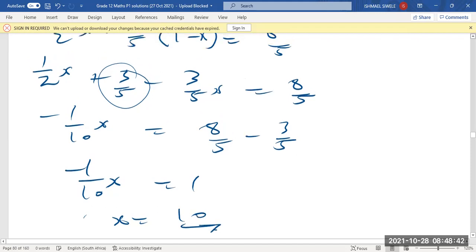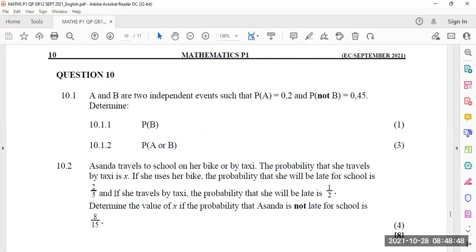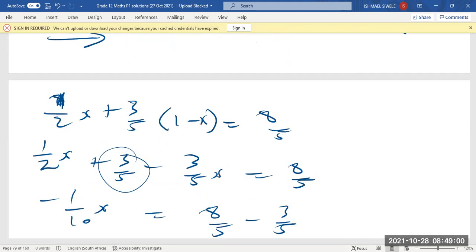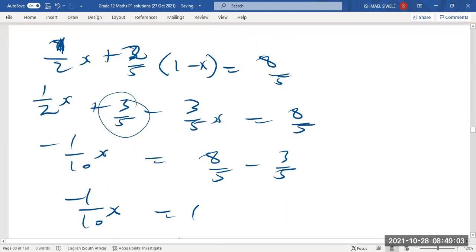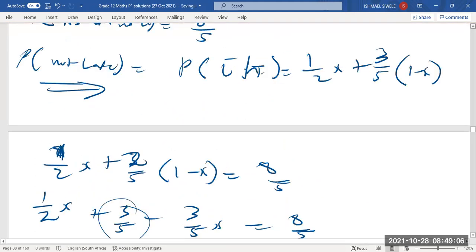So let's go back to the statement. Maybe there's something that we missed out, or maybe there's somewhere we made a mistake. Let's check. 2/5, and there's something where I have 3/5. I'm not sure where I got that 3/5. Let me check. I think this is a mistake that I made. It's 2/5 here, it shouldn't be 3/5. So let me just go back to the tree diagram.